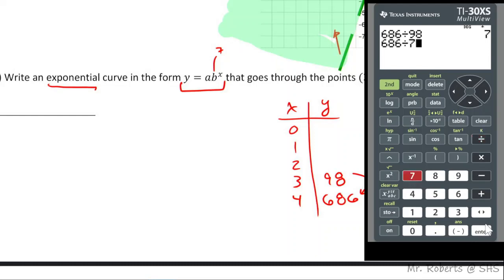So 686 becomes 98, becomes, I meant to do this. You hit 686, put it on the stack, then you say divide by 7. Here's the magic. 686 becomes 98, becomes 14. This is the number 14.